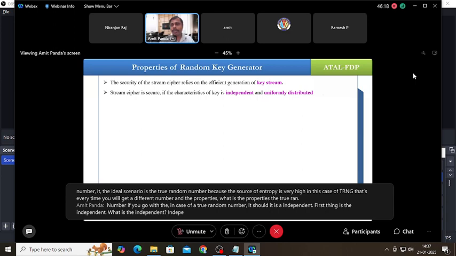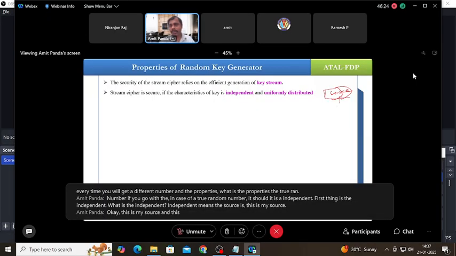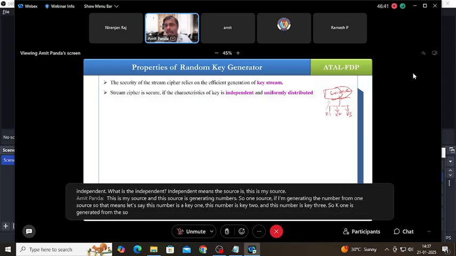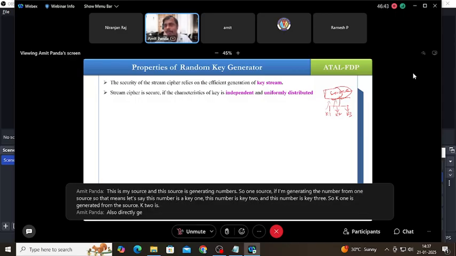Independent means this is my source, and this source is generating numbers. If I generate numbers from one source, let's say this number is key 1, this number is key 2, and this number is key 3. K1 is generated from the source, K2 is also directly generated from the source, and K3 is generated from the same source.